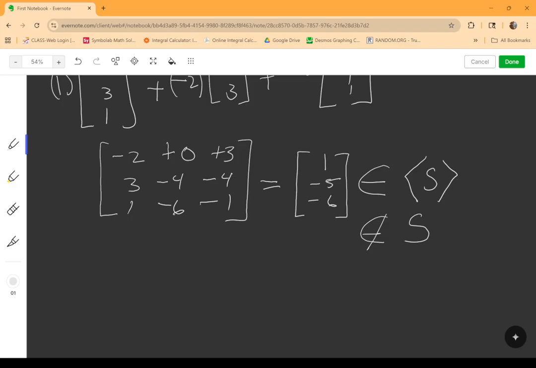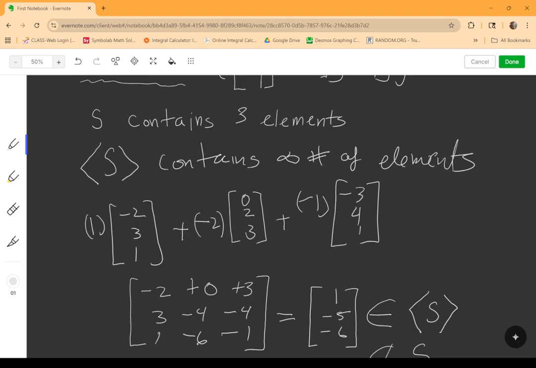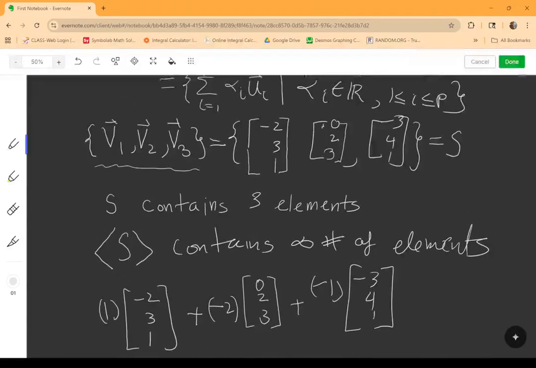Any vector that can be written as a linear combination of vectors in the set S is in the span, but not necessarily in the set S. The set S is very finite.